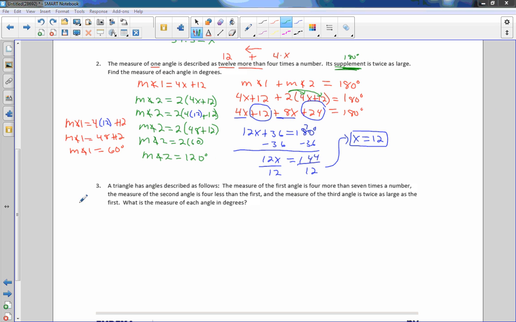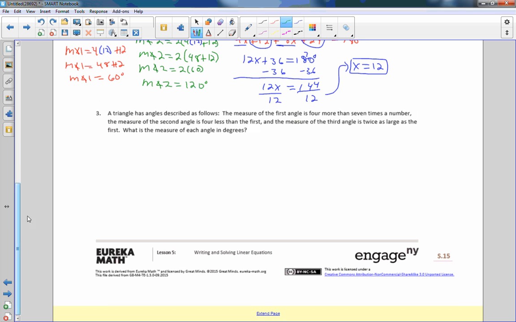Okay, moving along, here's number 3, a triangle has angles described as follows. The measure of the first angle, the measure of angle 1 is 4 more than, reading right to left, 7 times a number. So 7x plus 4.